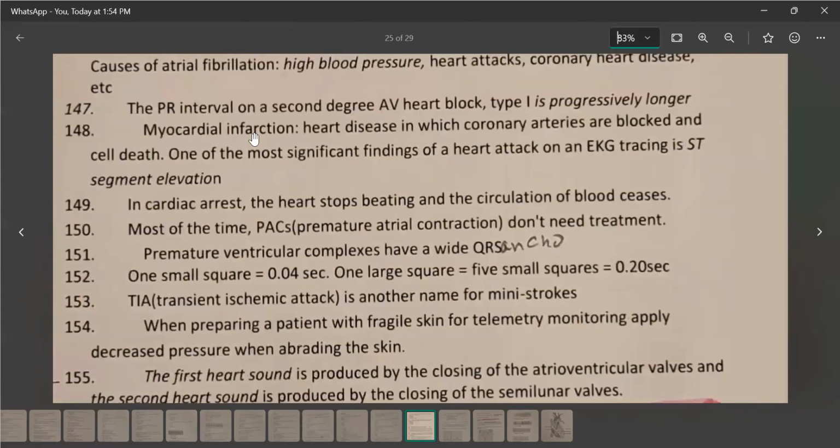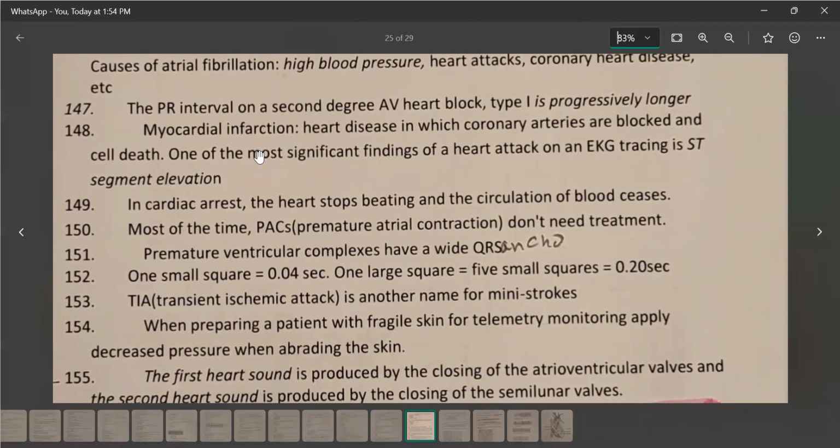Number 147, the PR interval on a 2nd-degree AV heart block type 1 is progressively longer. 148, myocardial infarction is heart disease in which coronary arteries are blocked, causing cell death. One of the most significant findings of a heart attack on an EKG tracing is ST segment elevation. In cardiac arrest, the heart stops beating and the circulation of blood ceases.